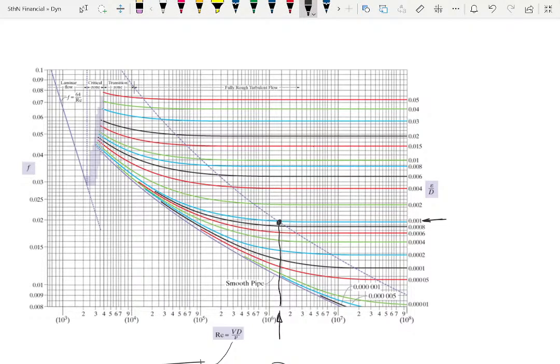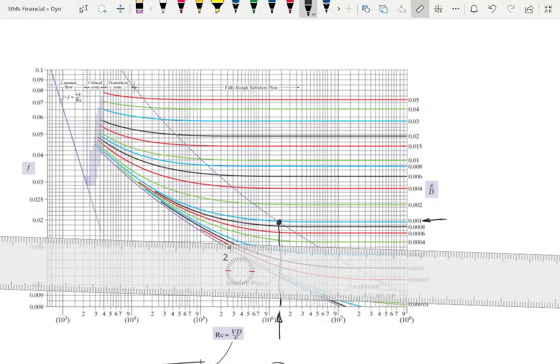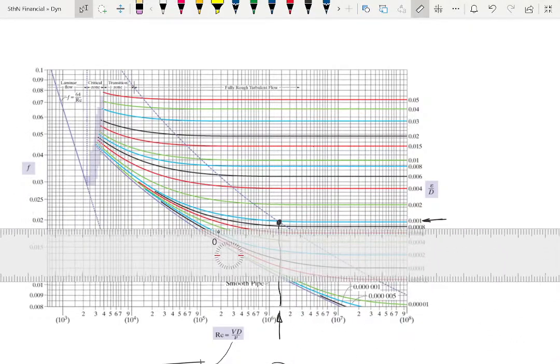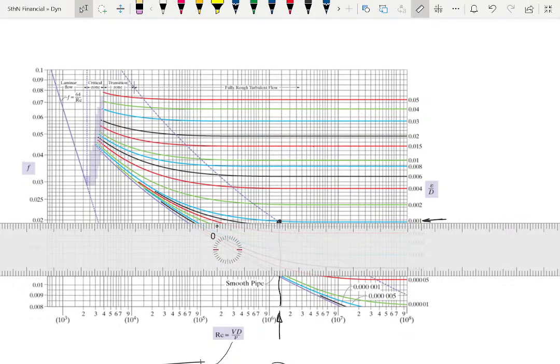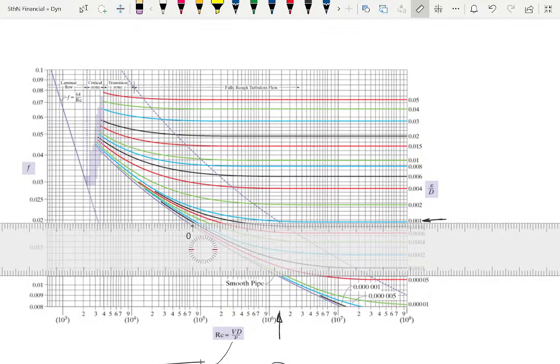So the way I look at this is, okay, if that's the case, we don't care where it is. We'll just take a red marker and go all the way across to here.